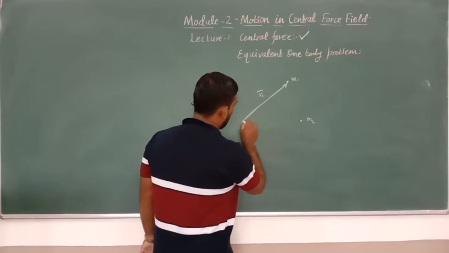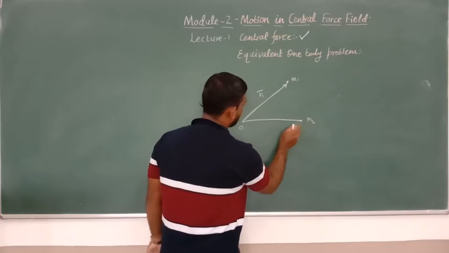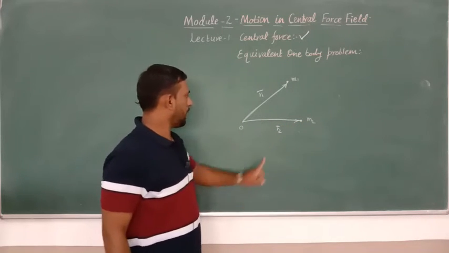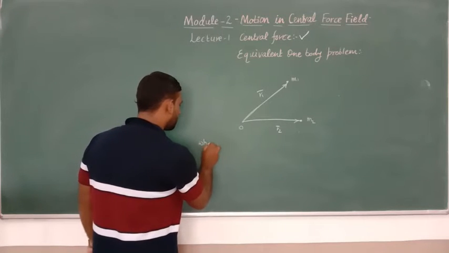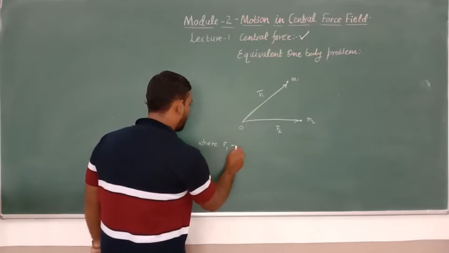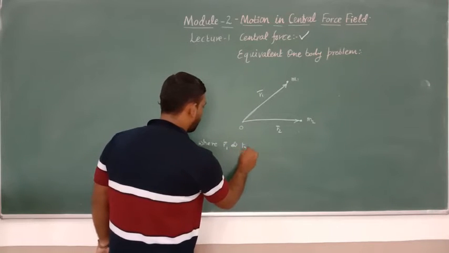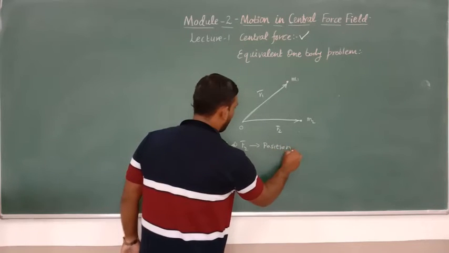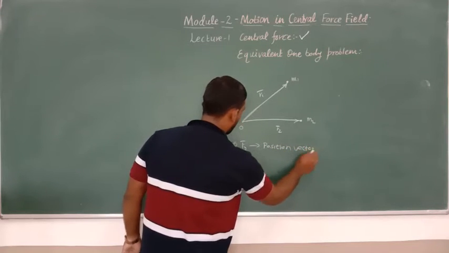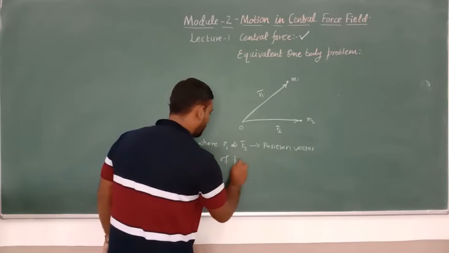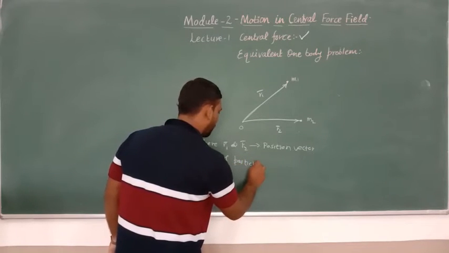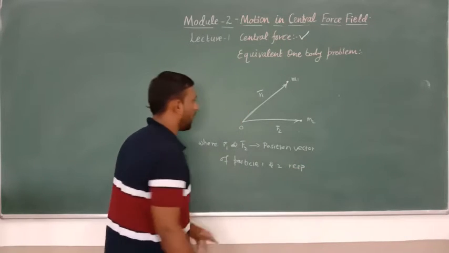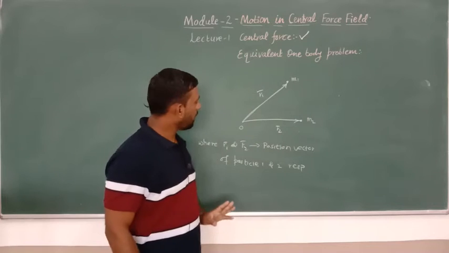The second particle has mass m2, whose position vector is r2, where r1 bar and r2 bar are the position vectors of particles 1 and 2 respectively, having masses m1 and m2.